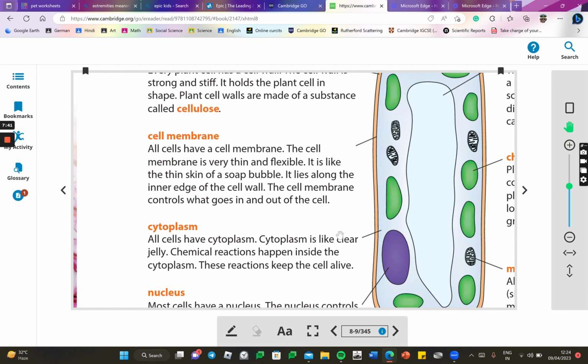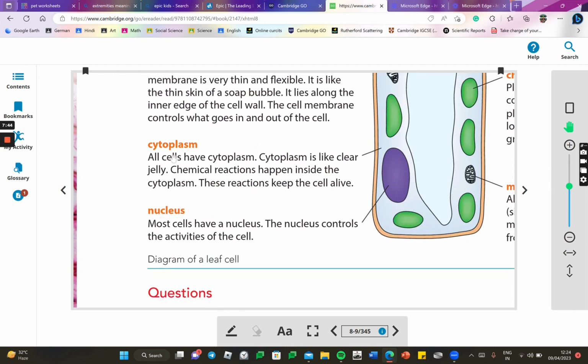Then let's go to the cytoplasm. All cells have cytoplasm. Cytoplasm is like a clear jelly. Biochemical reactions happen inside the cytoplasm.